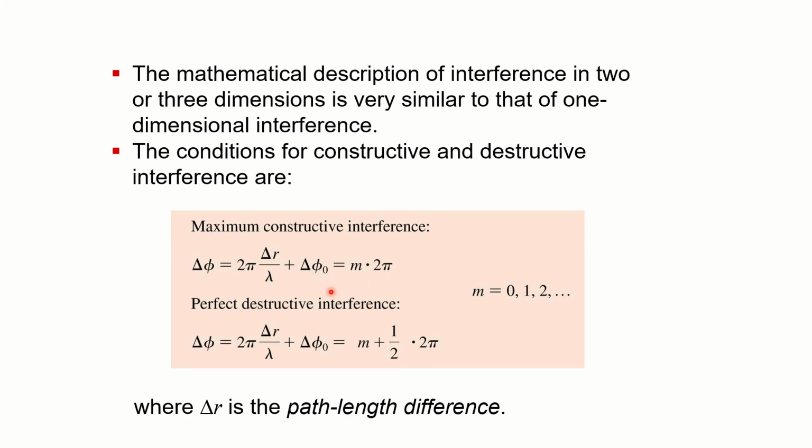Essentially, the path length difference is a multiple of one wavelength. Or we have perfectly destructive interference at the other end, where those waves perfectly cancel and you get essentially a zero amplitude wave. That happens when the path length difference is a half multiple of a wavelength. And those are the two limiting cases. You can also get everything in between as well.